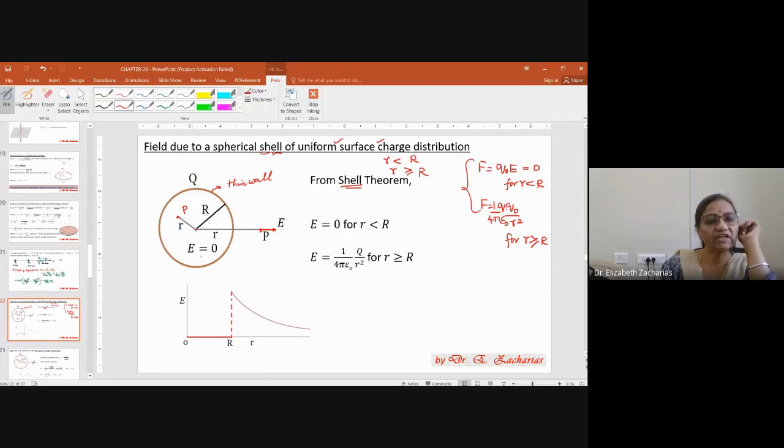It will see this entire sphere as a point charge located at the center of the sphere. So it's as if there is a charge capital Q, and the field at point P because of Q is 1 by 4 pi epsilon naught Q by r square. So this is the value of the electric field for r greater than or equal to capital R. And because we have assumed that the charge is positive, the electric field is radially outward.